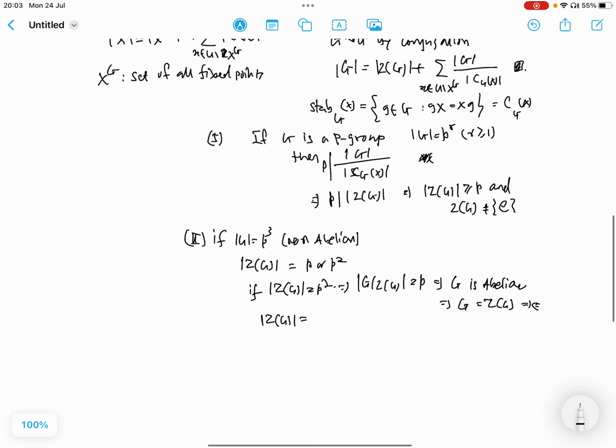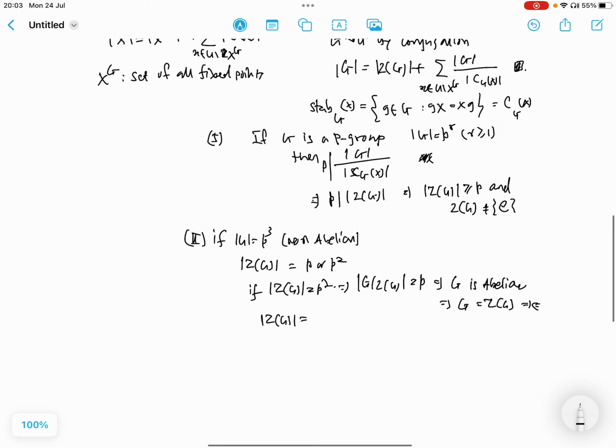So the center will be exactly of order 2. And you know the center of these groups. D4 has center, say if we denote by r the element of order 4, then the center will be the identity and r squared. And the center of Q8 will just be plus minus 1. Okay, so enough of applications of the class equation.